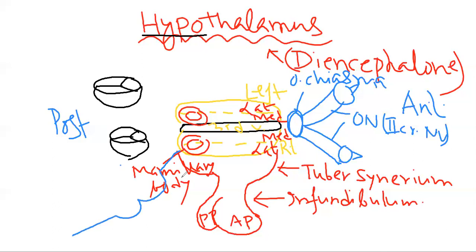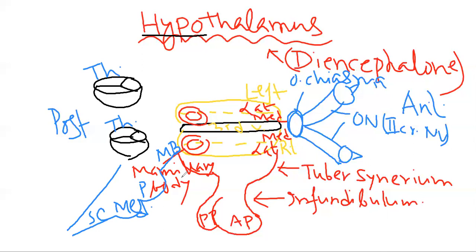So this part will be the midbrain, this part will be the pons, and this part will be the medulla. And from there the spinal cord will generate. And of course, this is our thalamus, one right-sided thalamus and one left-sided thalamus. So this is overall the position of the hypothalamus.